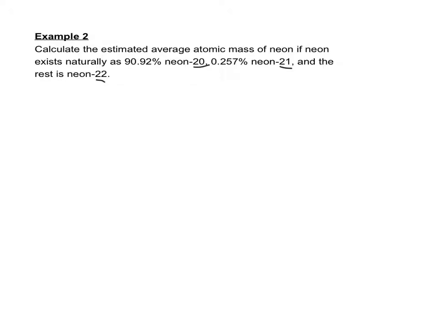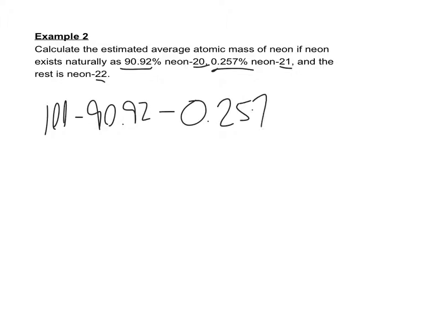21, and 22. I have 3 isotopes, but in the problem I only list 2 different percentages. Well, if I have 3 different isotopes, I have to have 3 percentages. If I know 2 of them, and I assume that the total percent is going to be 100%, I should be able to say, well, if I take 100 minus 90.92 minus 0.257, I should be able to figure out whatever is the rest.